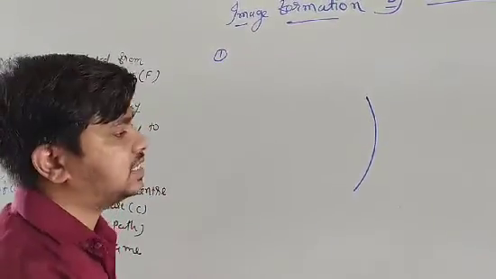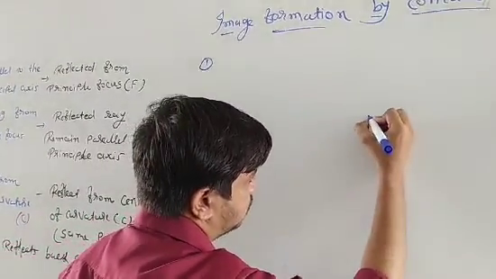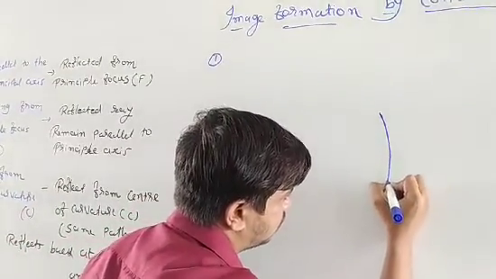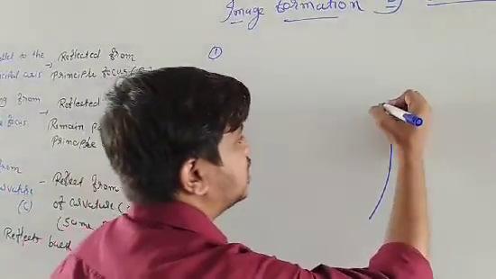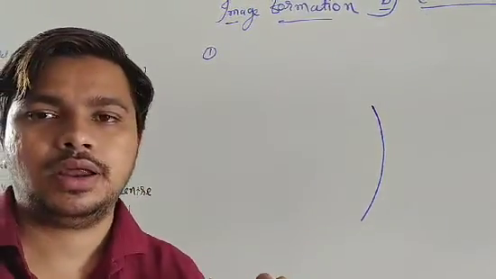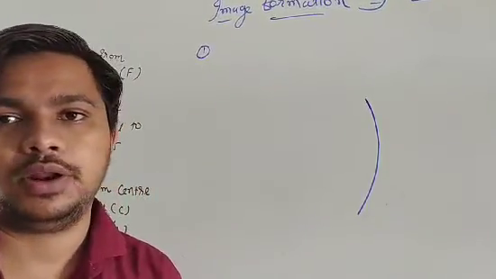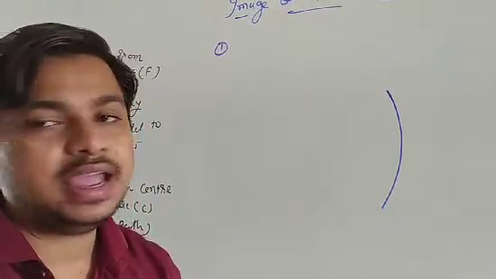Which type of mirror is that? Is it concave or convex? You say that it is a concave mirror. No, actually it is not a concave mirror yet. Why? Because I haven't plated it with silver on any side.